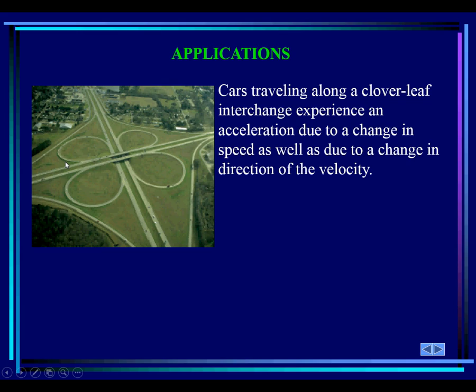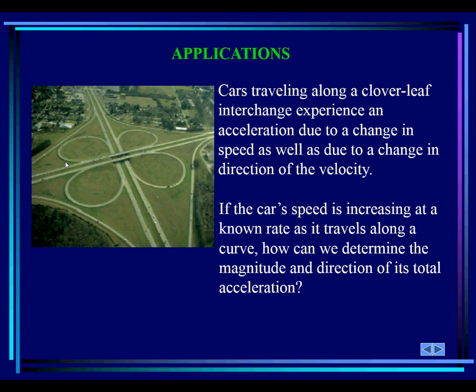So this gives us a perfect setup in here, that cars traveling on this interchange experience an acceleration due to the changing speed, as well as due to the changing direction of the velocity. You see what I'm trying to say?